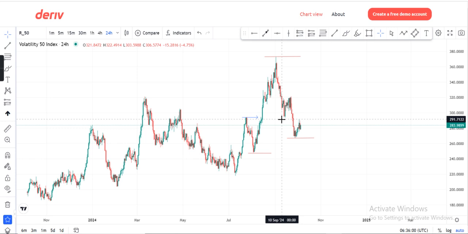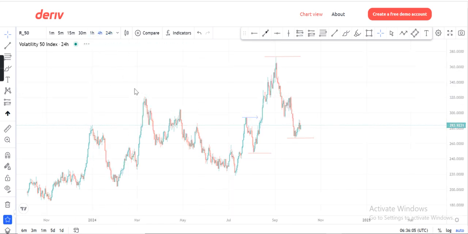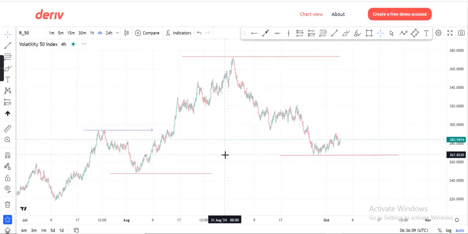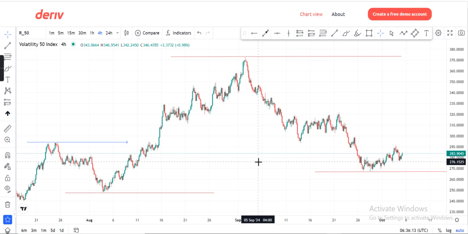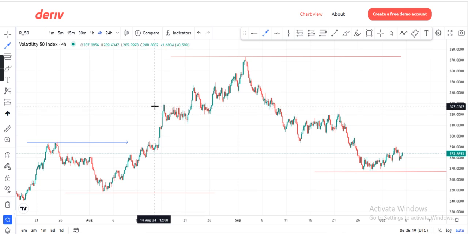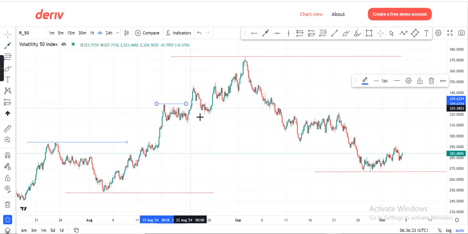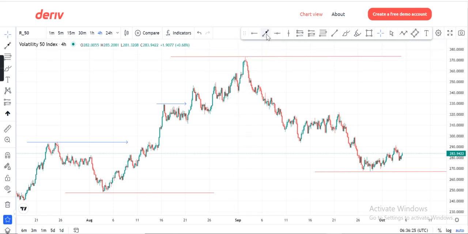So let's go down to the 4 hours time frame and see what's currently happening on the 4 hours. That will help us a lot. Okay, very good. So on the 4 hours time frame, we can find out that we had other break of structures, which was this. On the smaller time frame, we had this, which was another break of structure.